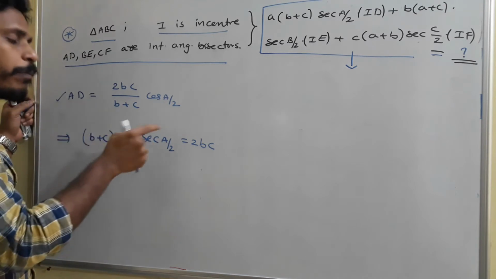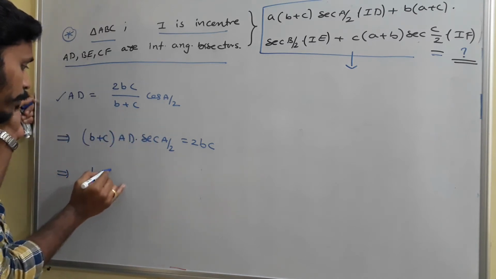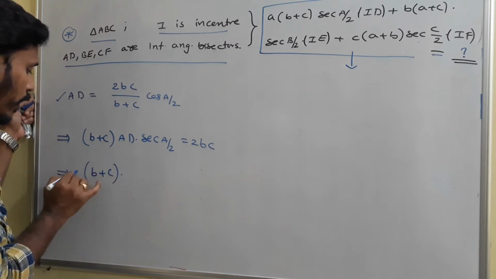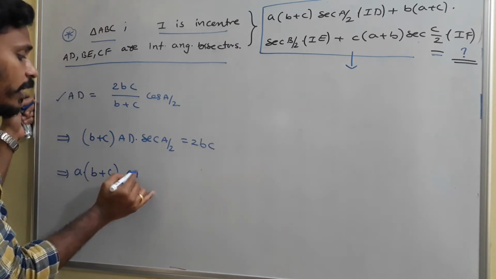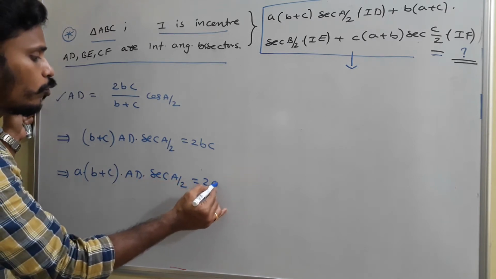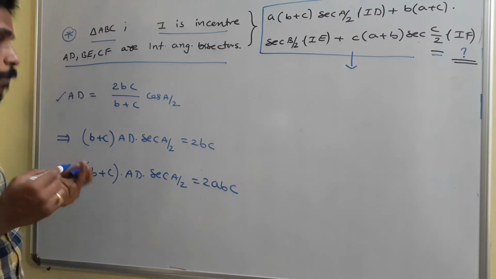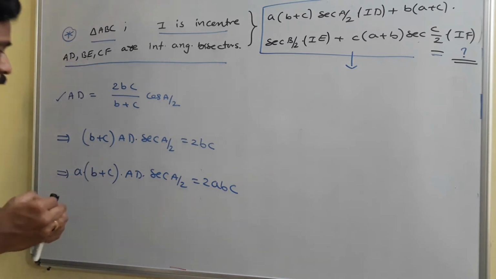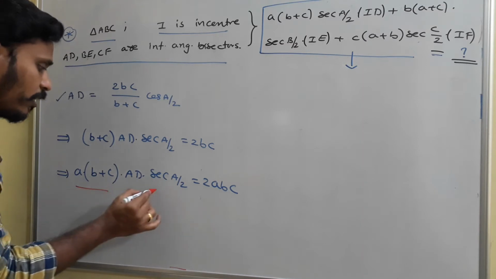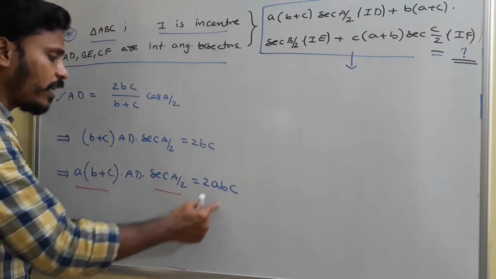So multiply both sides with A, then what will happen? That implies A into (B plus C) into AD into secant A by 2 is equal to 2ABC. Now pay your attention here. A into (B plus C) into secant A by 2 is simply 2ABC divided by AD.